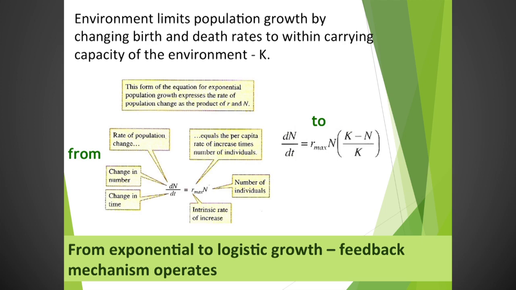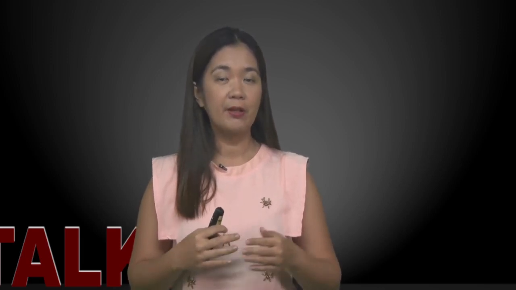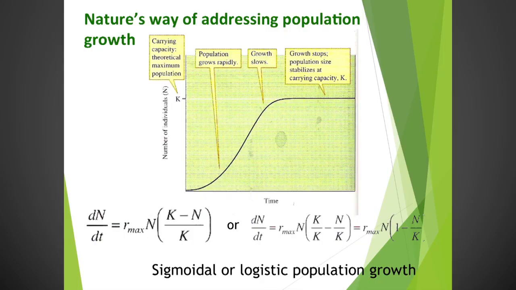Here we have a feedback mechanism operating. So in this case, it is no longer a J-shaped curve, it is now S-shaped in nature. This is what we term a sigmoidal or logistic population growth curve.